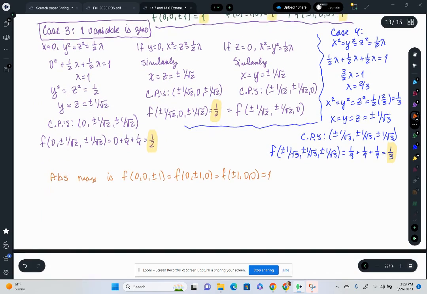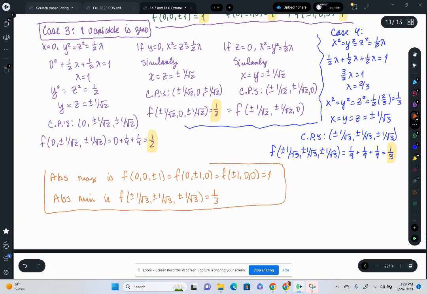And the absolute minimum is the 1/3 value. So it's going to be f of plus or minus 1 over root 3 for all three variables. And that gives us 1/3. All that work to get two little lines of an answer.